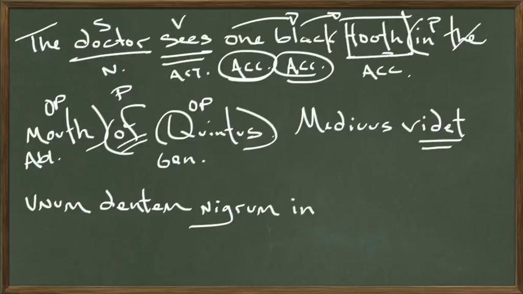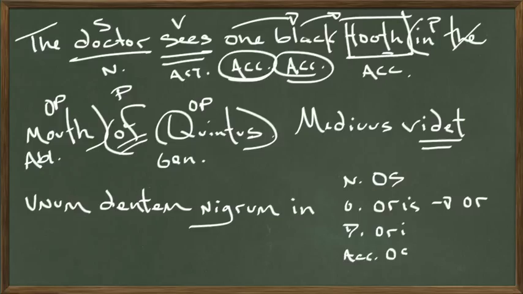Okay, in is going to push the next word into the ablative case. Mouth is os in Latin, and that's in the nominative case. In the genitive, it's oris. So the root word then is or. In the dative, it is ori. In the accusative, it is os.